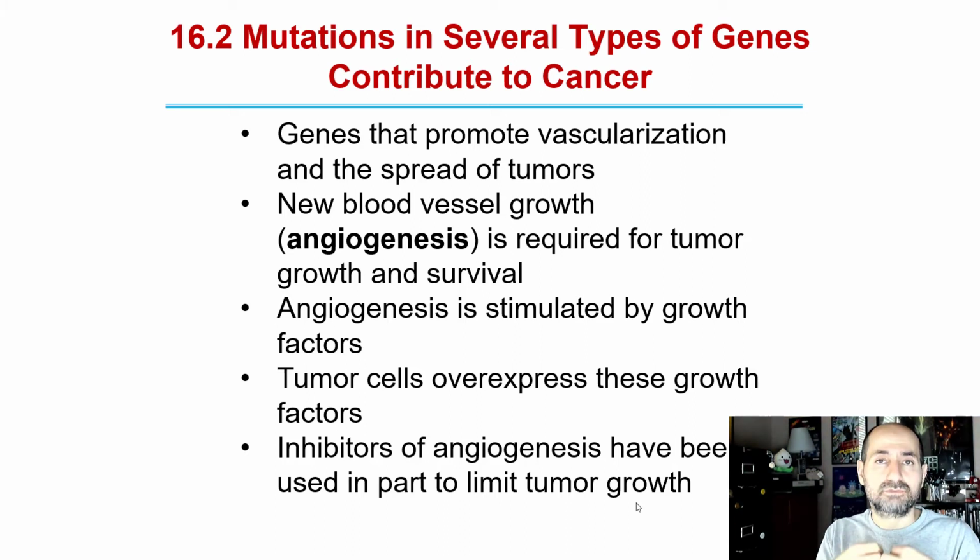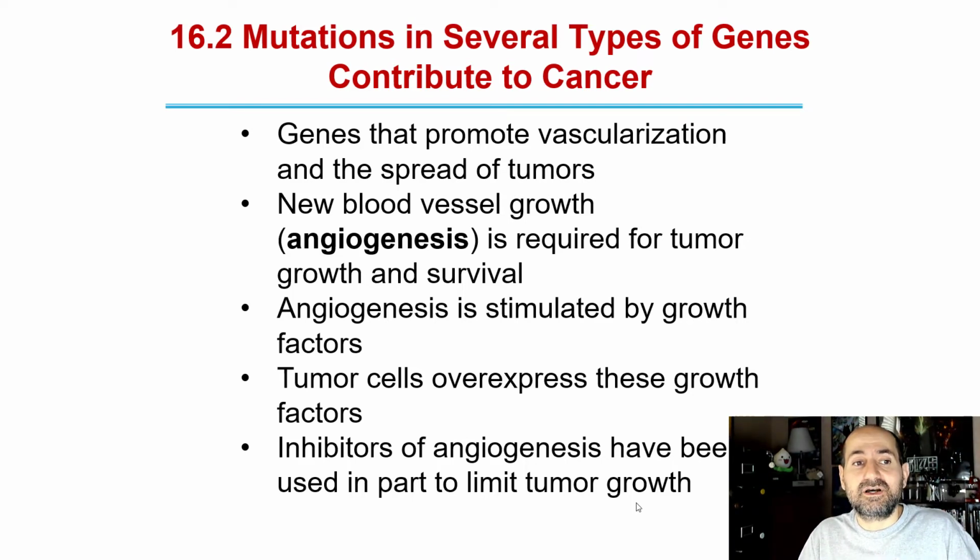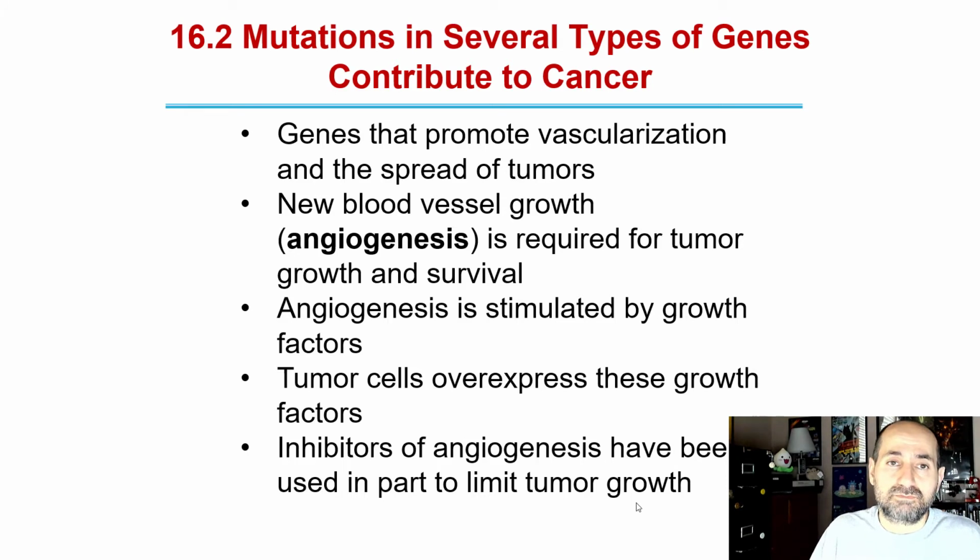Because they won't be able to recruit new blood vessels. The tumors won't be able to grow in size. And that's an interesting avenue. A lot of times these anti-angiogenic drugs are prescribed along with chemotherapy or radiation as part of their prescription regimen.